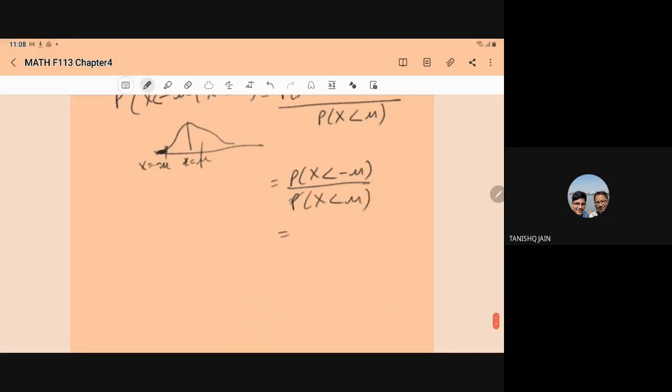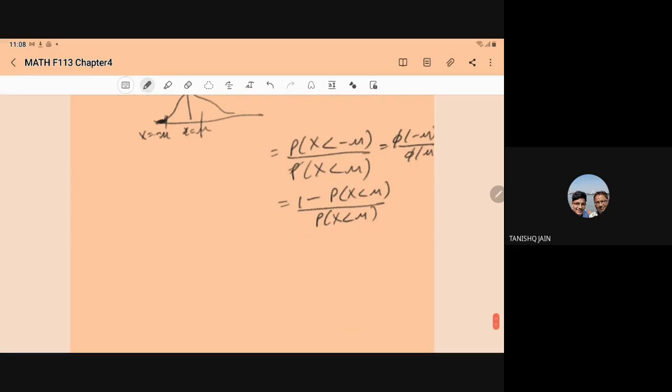This can be written as 1 minus the probability x less than mu, or you can say phi of minus mu upon phi of mu.